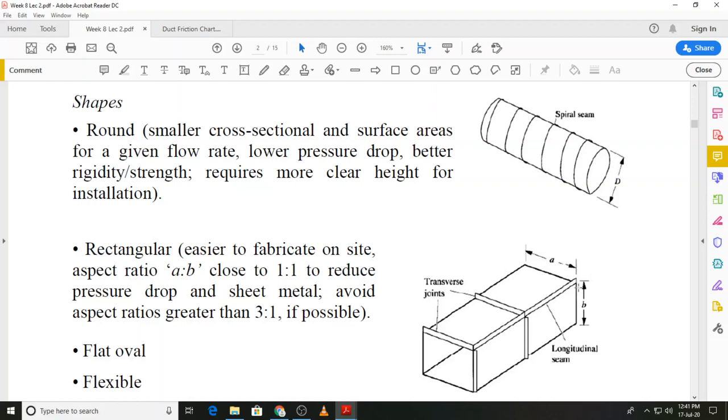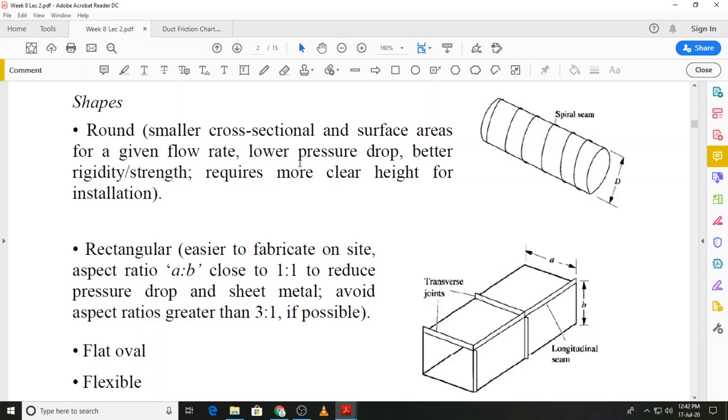When we are using a rectangular duct, we will try to keep the aspect ratio, that is this ratio A:B, as close to 1:1. When you do so, you will see that it reduces the pressure drop and the surface area of the sheet metal that is used to construct the duct.